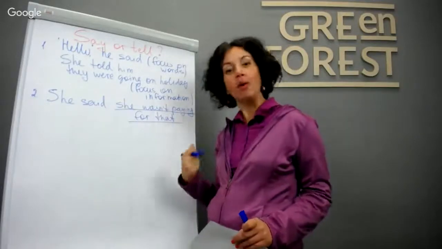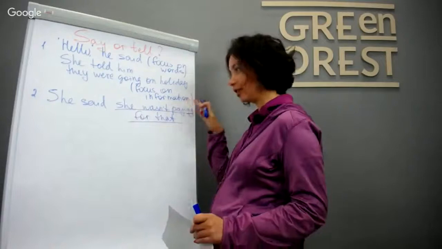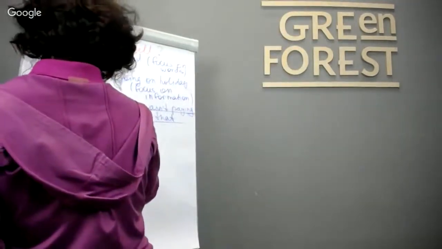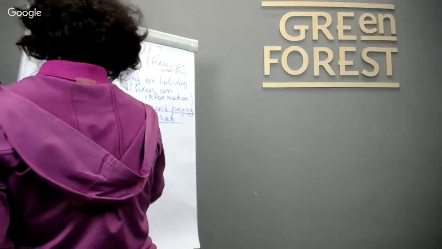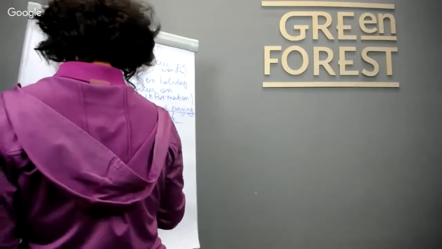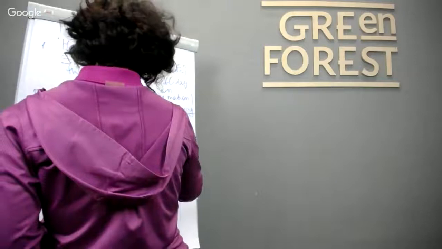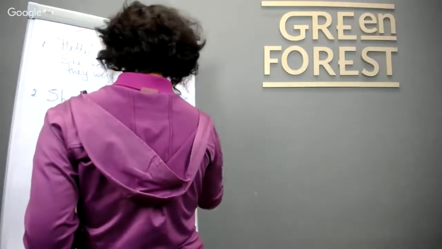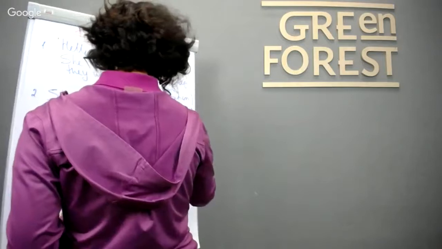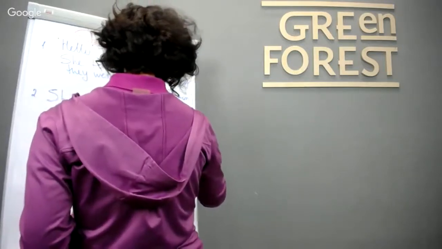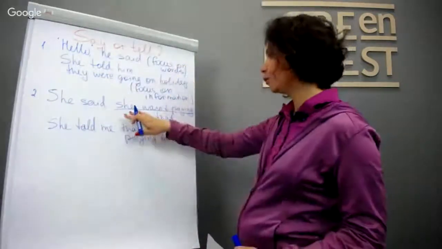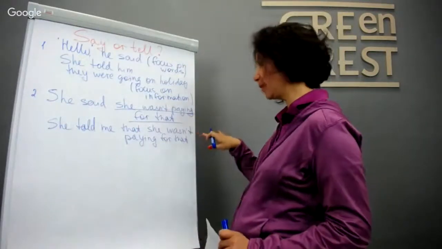After tell, we also need to use such a direct object. She told me that she wasn't, let's say, paying for that. I will use the same example. Again, we have here focus on words, here focus on the message.